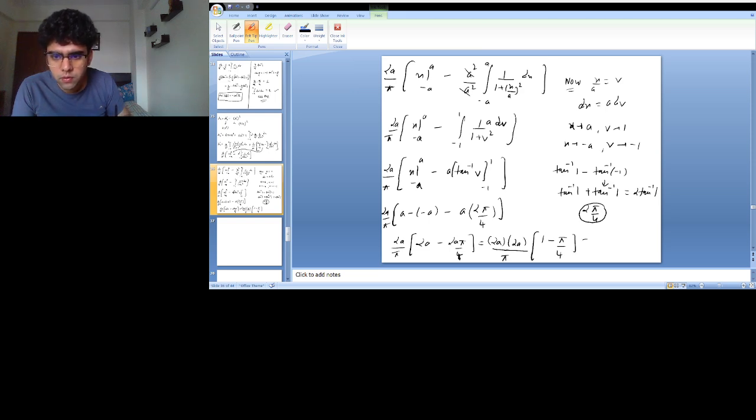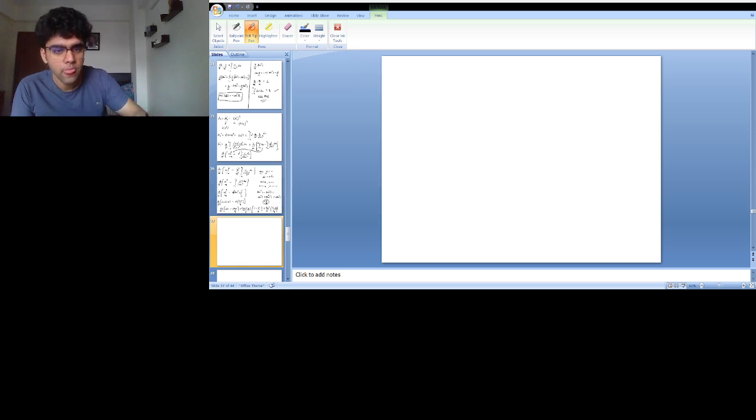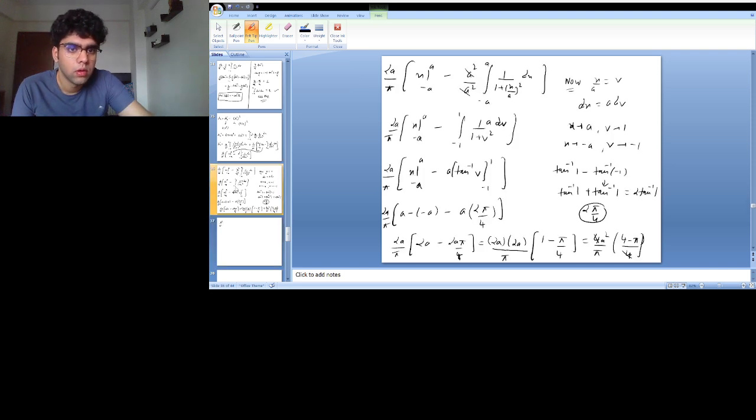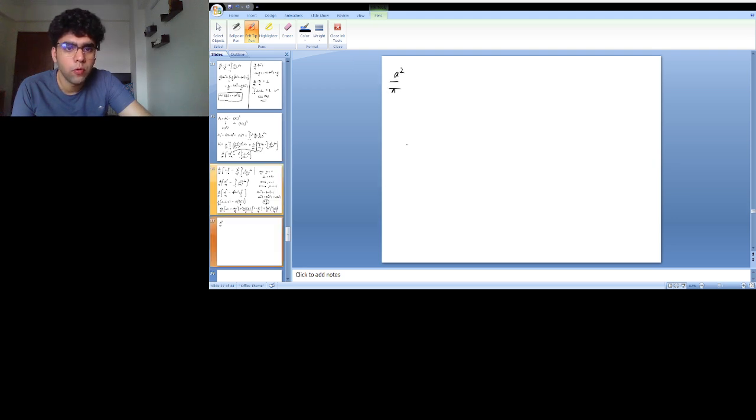So this becomes 4a square upon pi into 4 minus pi upon 4, and 4 gets cancelled, so I'm left with a square upon pi into 4 minus pi.